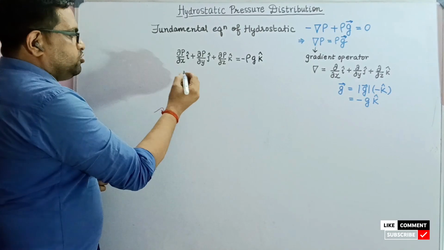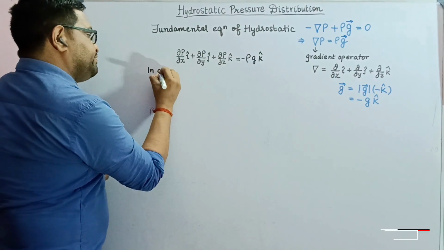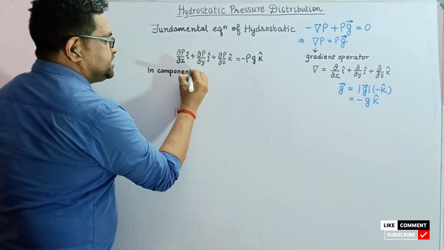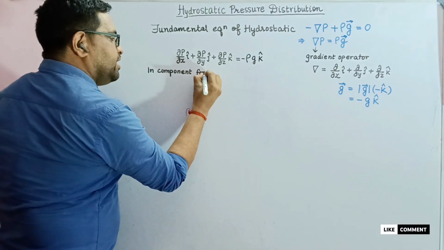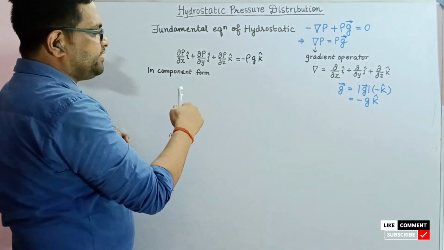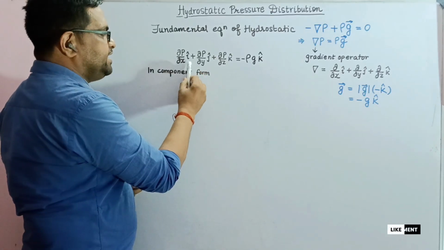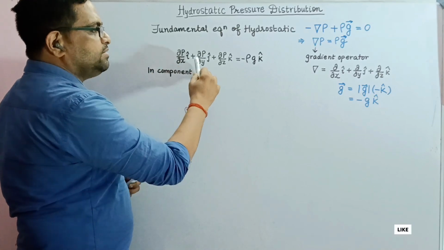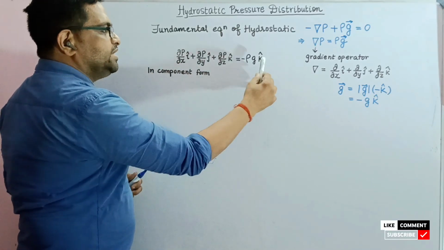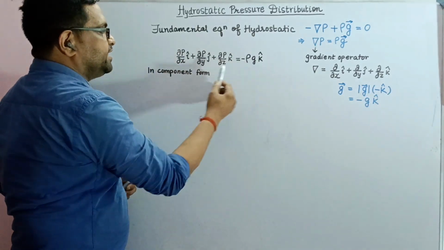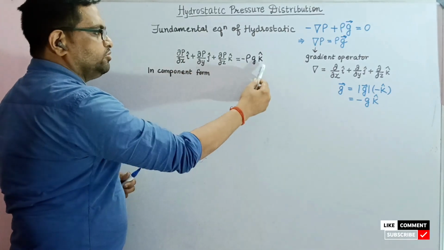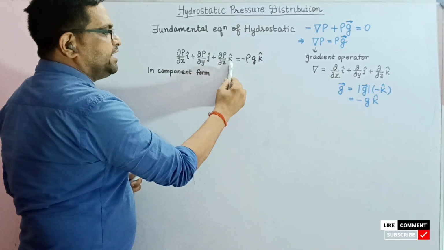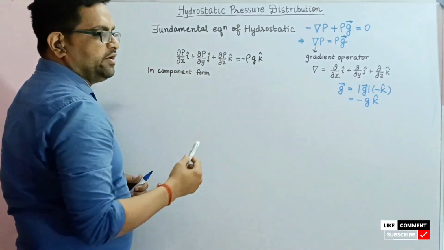Now this equation can also be written in component form. If we see both sides of the equation, we find that the left hand side has terms containing the i unit vector and j unit vector, but there are no such terms on the right hand side. We only have the terms containing the k unit vector.